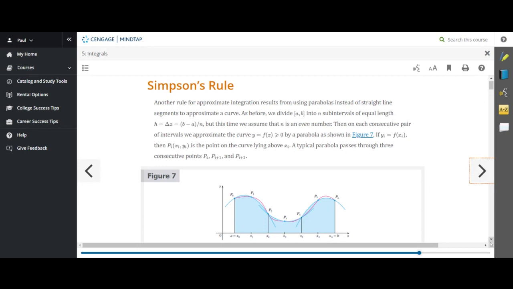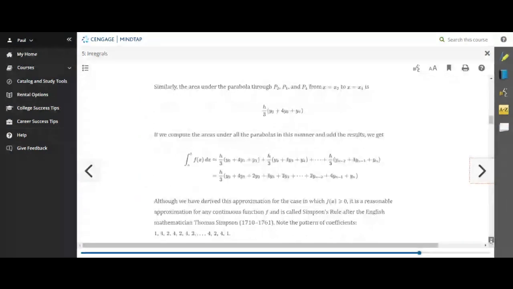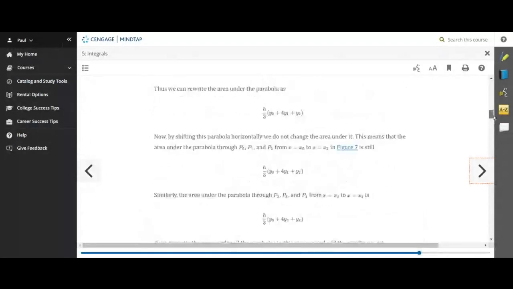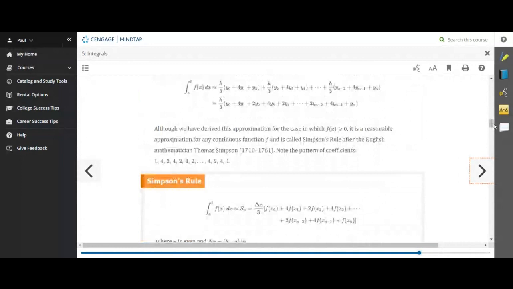They actually go through a proof of how they get Simpson's rule, and then there's a formula here for Simpson's rule. You can look and see how the formulas are derived, but for the moment, I want us just to try an example. I'll mention one thing here before we get to the example.